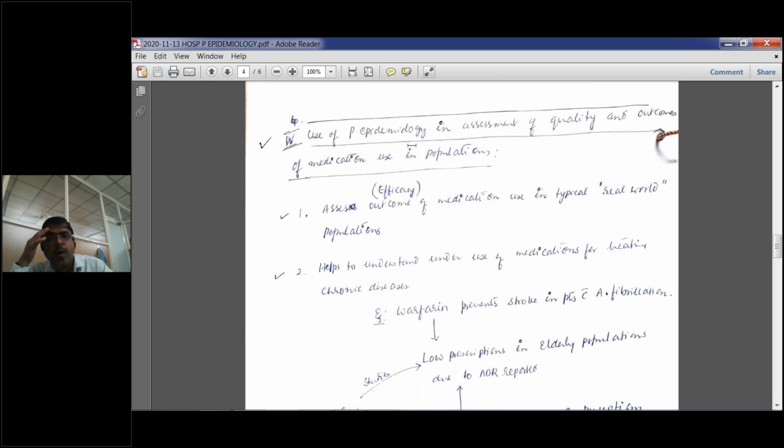What is this assessment of quality use? This is what we are going to understand. Now, first you're going to understand about the outcome of medication use in typical real world population.